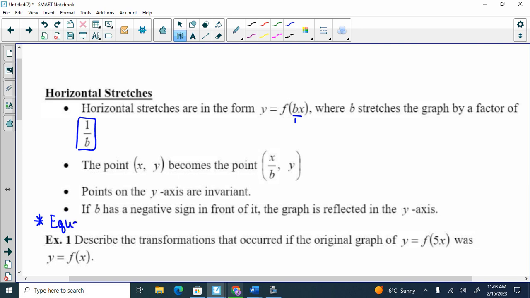Equation. And I'm putting a double-headed arrow on here because it's in both directions. Equation to words and mapping. Because words and mapping are the same thing. It flips. It's called the reciprocal.